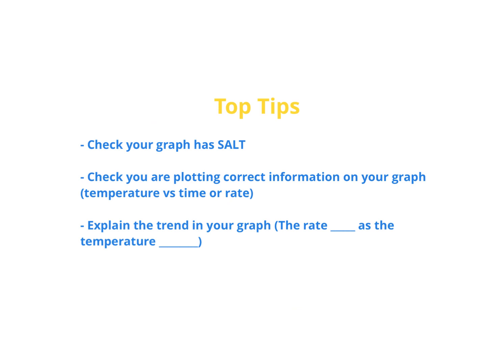So here are some top tips for completing this experiment in relation to temperature affecting rate of reaction. It's important to check that you have SALT on your graph. So SALT, S-A-L-T. S stands for scale, A stands for axis, L stands for labels, including units, and T stands for title.